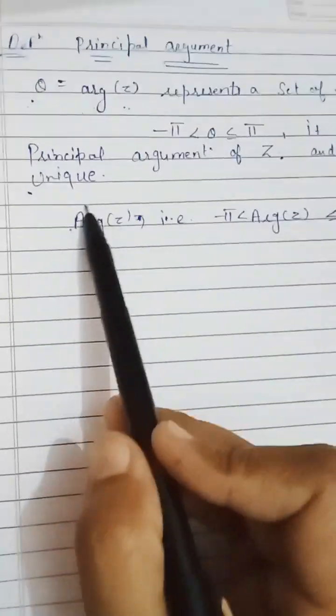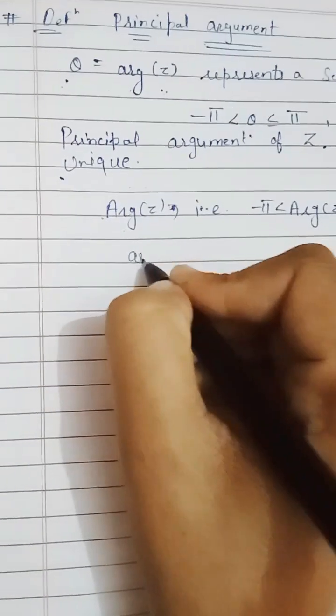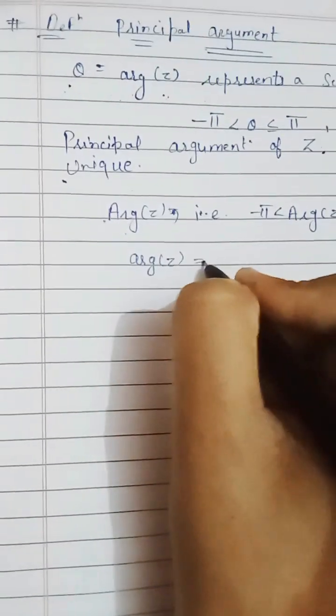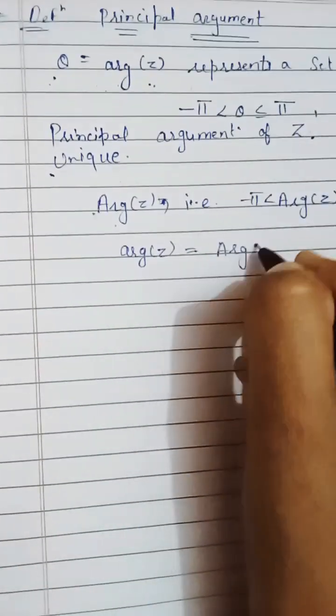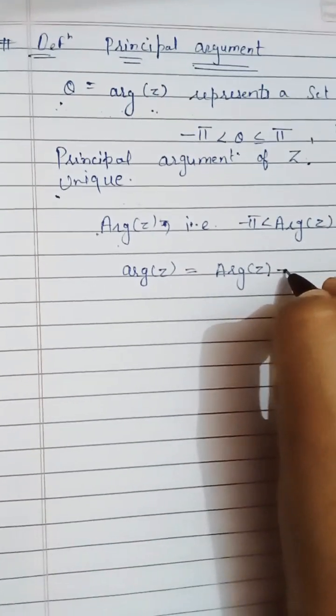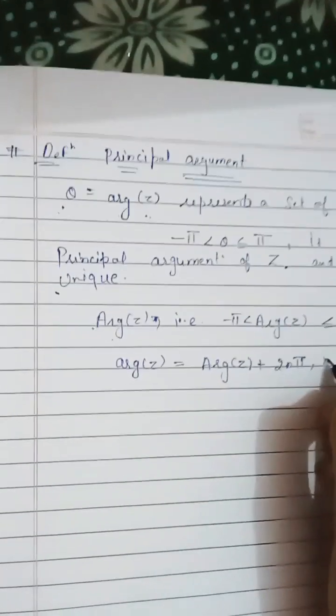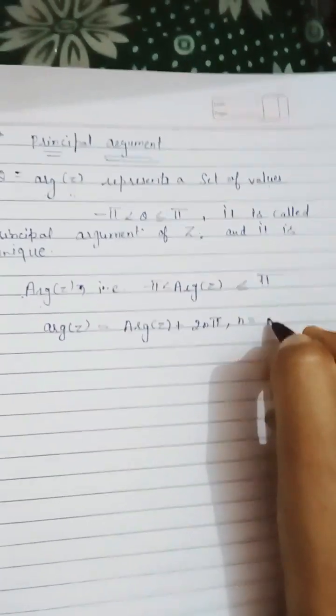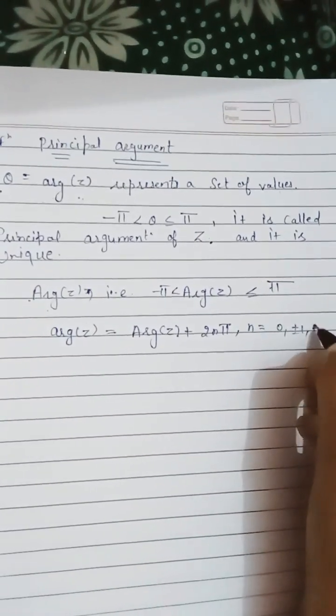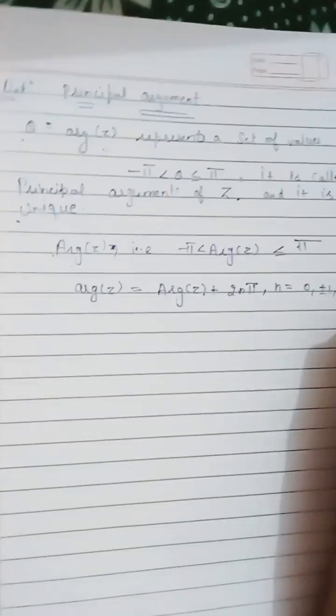And with the help of this principal argument, we have the set of values: argument z is the principal argument z plus 2n pi, where n is 0, plus minus 1, and so on, that means integers.